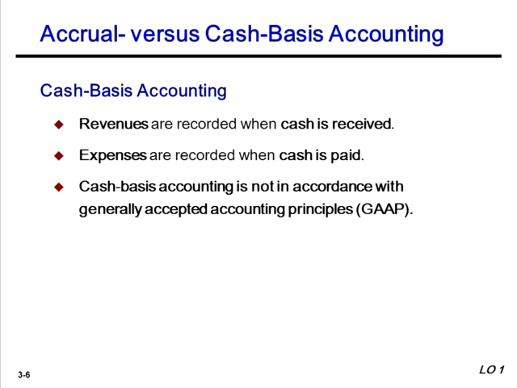And as the last bullet says, we cannot use cash basis accounting in accordance with generally accepted accounting principles. This type of approach would be okay for a small business, like the local farm stand.